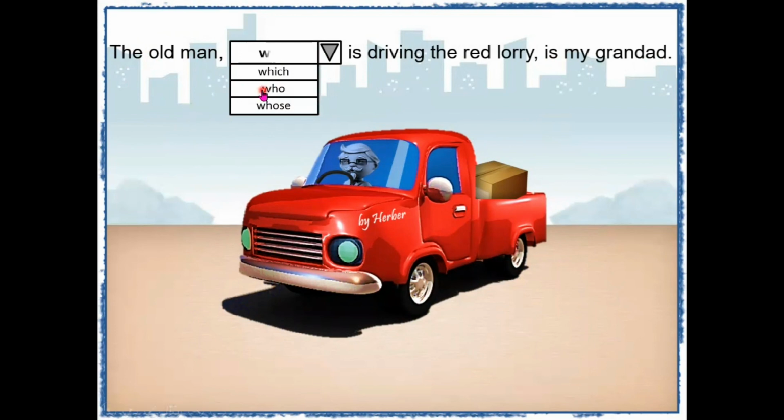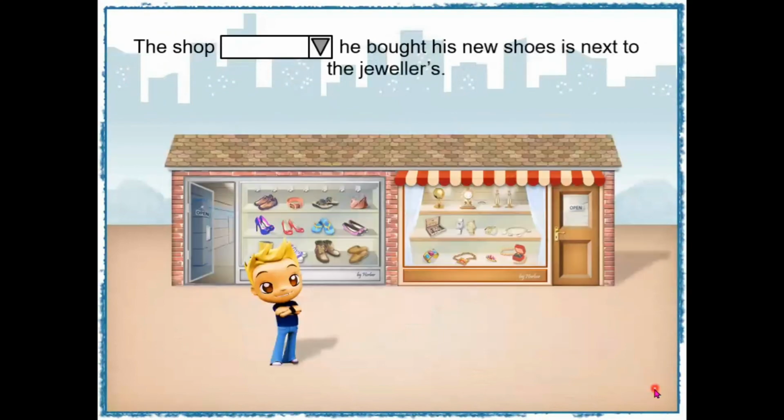So who, because it's about people. The shop ___ he bought his new shoes is next to the jewelers. The shop, where? Because it's a place.